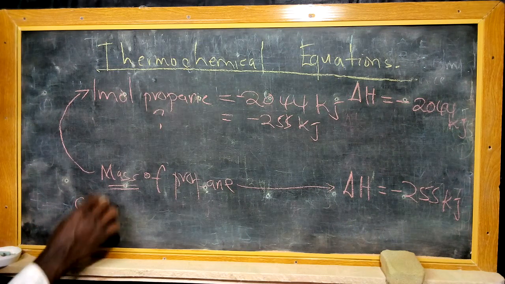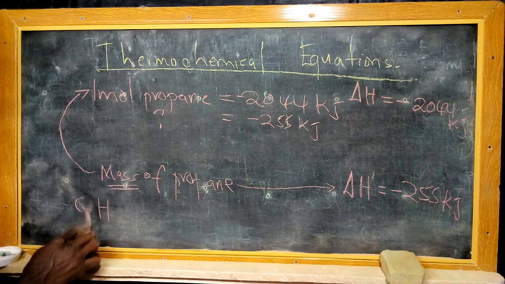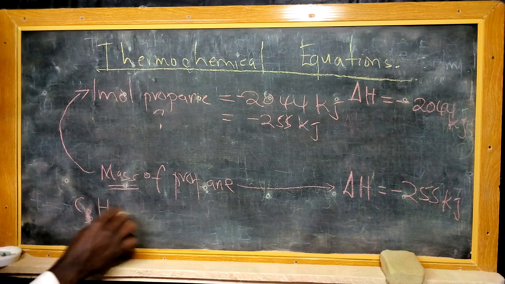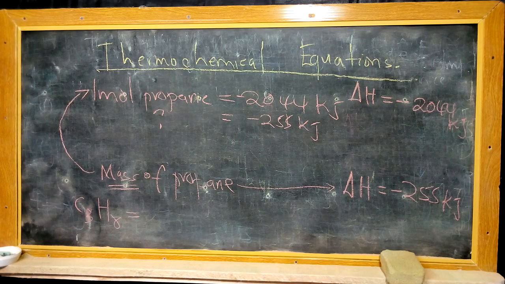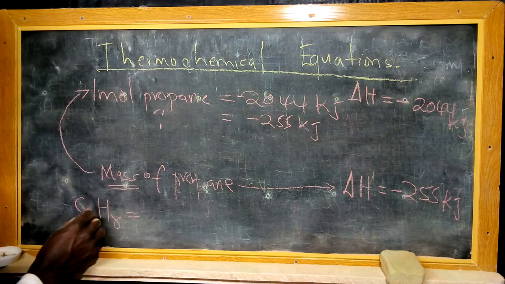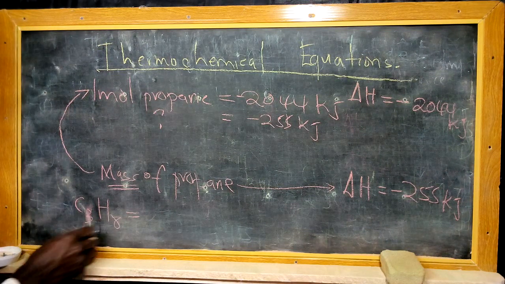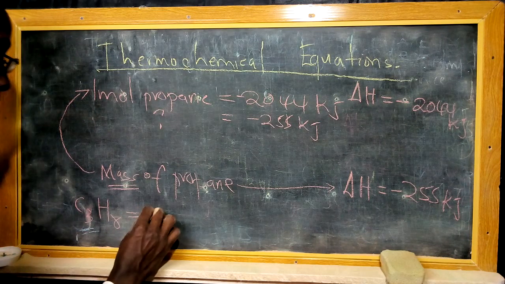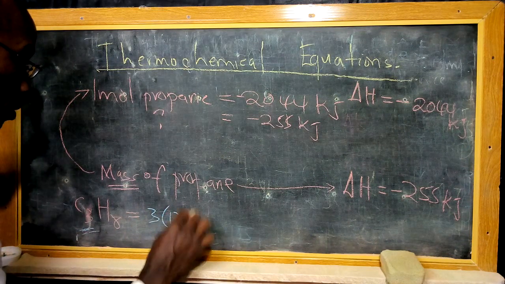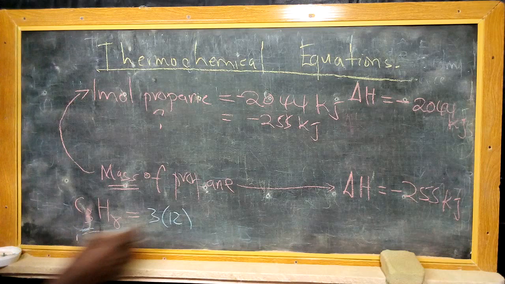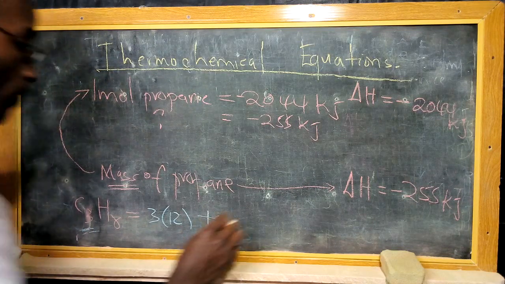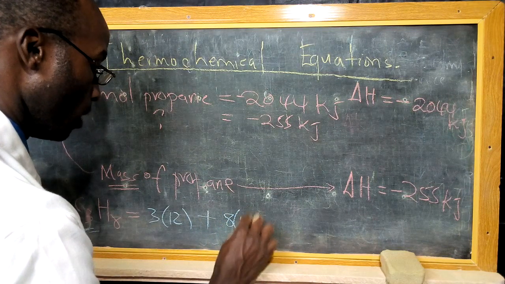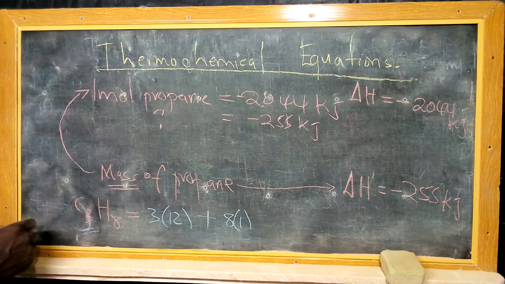Since the molecular formula for this gas is C3H8, we just add the masses of the respective elements forming that compound. Carbon has a molar mass of 12, so 3 into 12, because we have 3 carbons, plus 8 into 1. Hydrogen has a mass of 1.